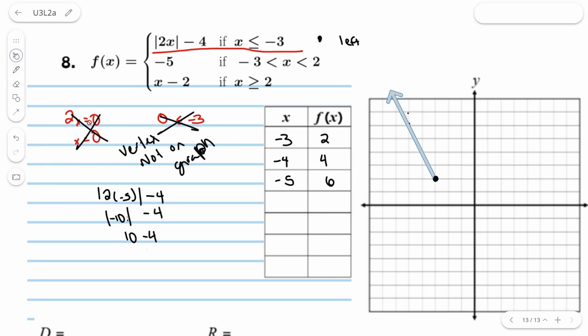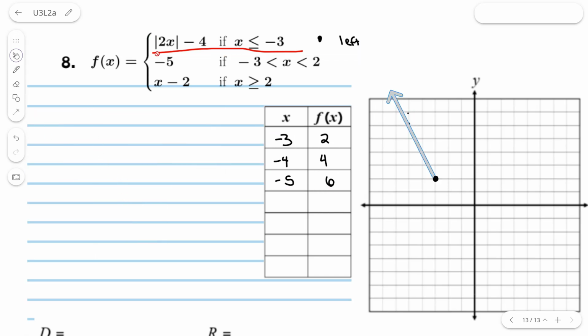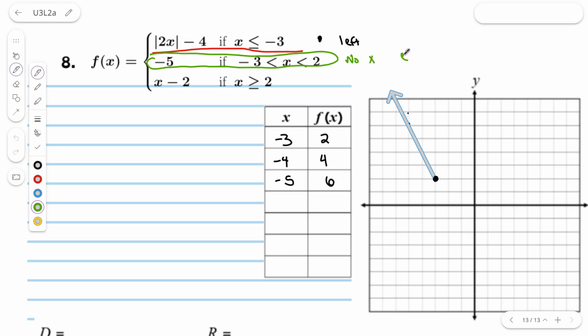So now let's go ahead and see what happens on this middle line. So when I look at that middle line, there's no x in the function, and I have 2 open circles. So if there's no x, that means I have a horizontal line.